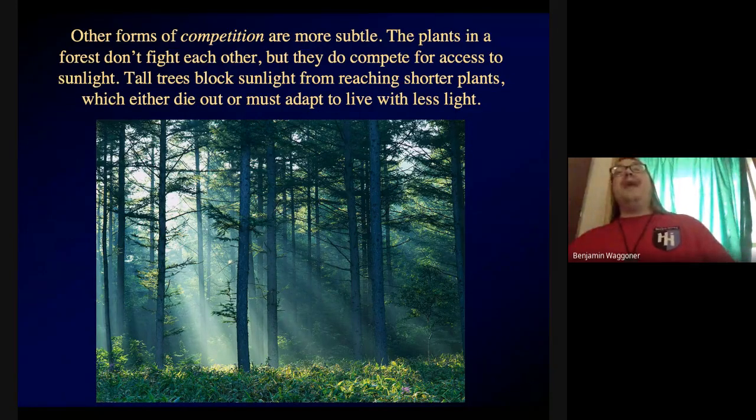But yeah, short of Ents, actual trees in our world don't go around beating each other up. But it is true that they compete for access to sunlight. Really tall trees block sunlight. Shorter plants get shaded out. Shorter plants have to live in the shade. There's less light for them.